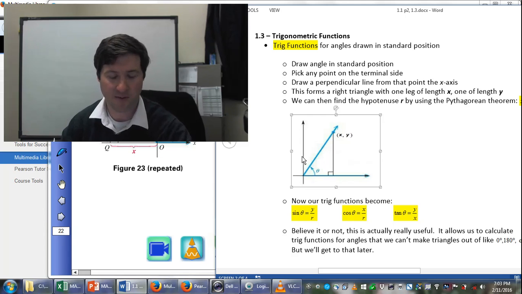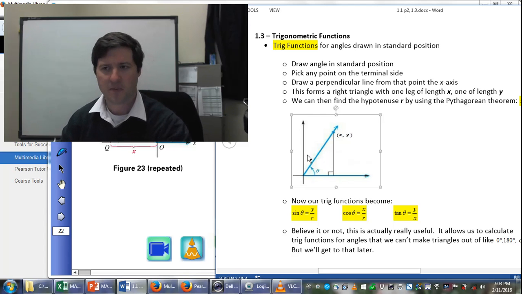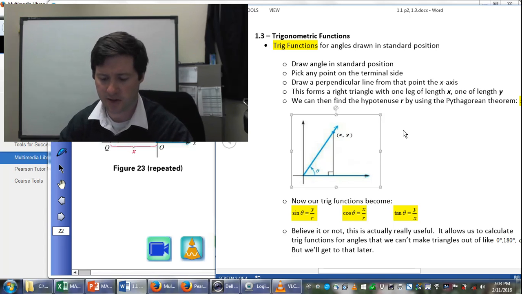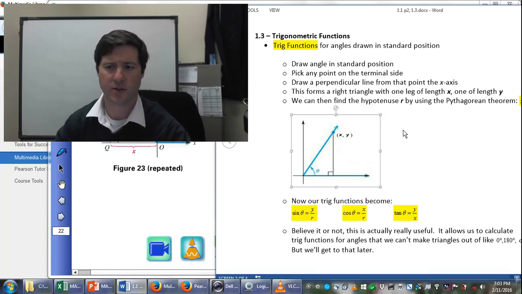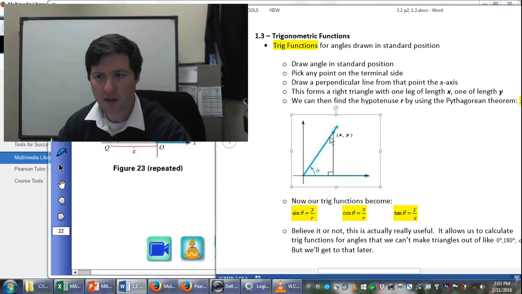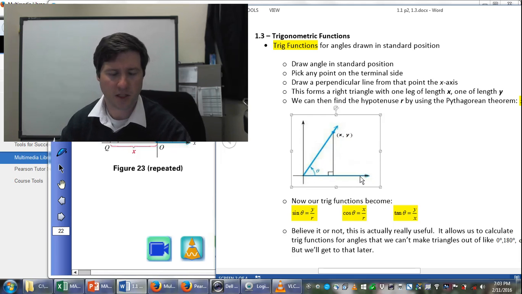One of the great reasons for doing this is that it allows us to abstract our notion of trig functions as ratios of the sides of a triangle. We can extrapolate this to cover things that aren't triangles. So, for example, the only theta we've dealt with is between 0 and 90.